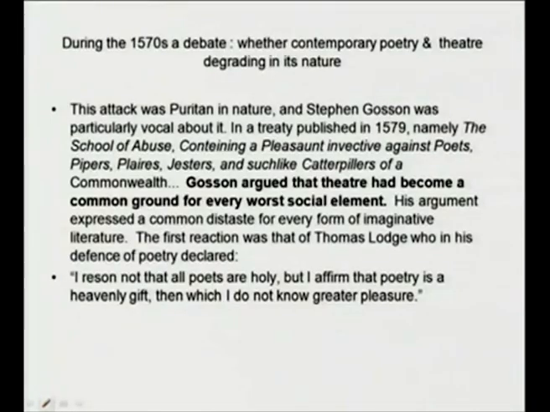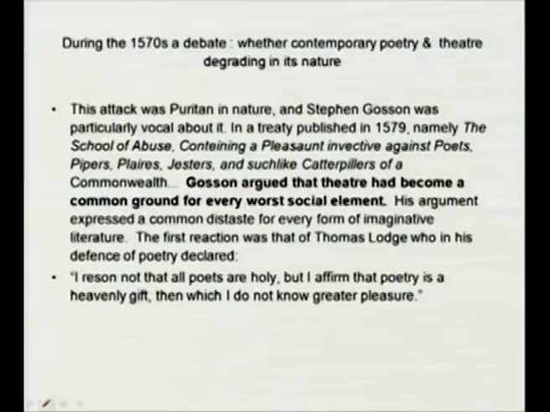So, let us go into the great debate which went on in the 16th century. During the 1570s, there was a debate whether contemporary poetry and theatre were degrading in nature. Of course, this attack was Puritan in nature, and Stephen Gosson was particularly vocal about it.